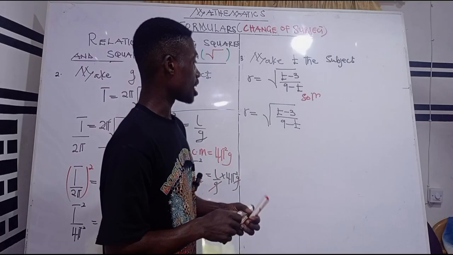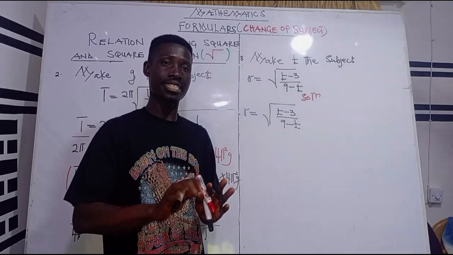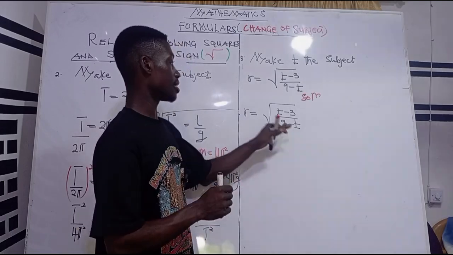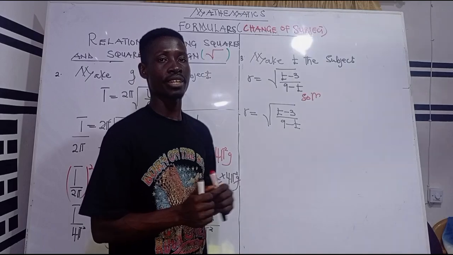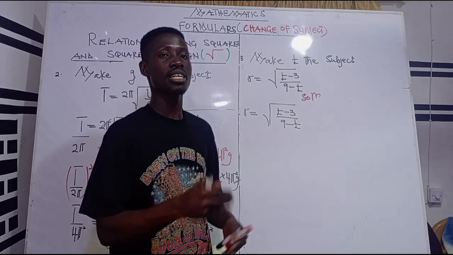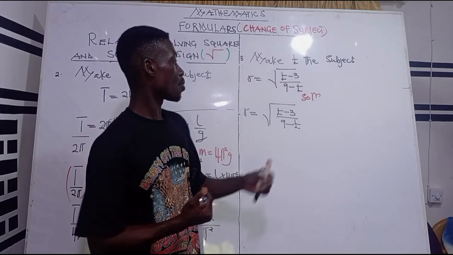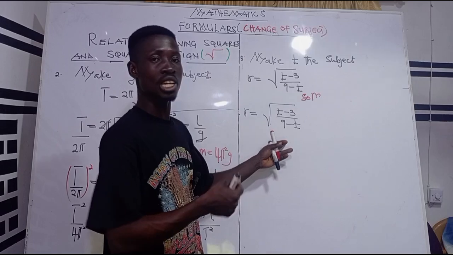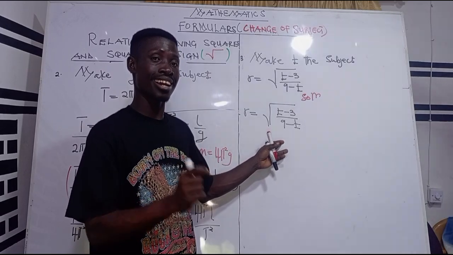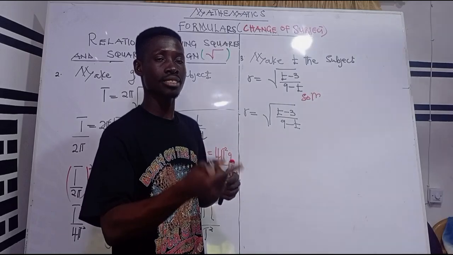Good. Now you realize that the variable t that we want to make the subject of the relation is under the root sign or under the radical sign. So we first have to remove the radical sign before we can proceed. And as I said earlier on, when you have a variable that you want to make the subject and it is under the radical sign, we square both sides of the equation to cancel what?